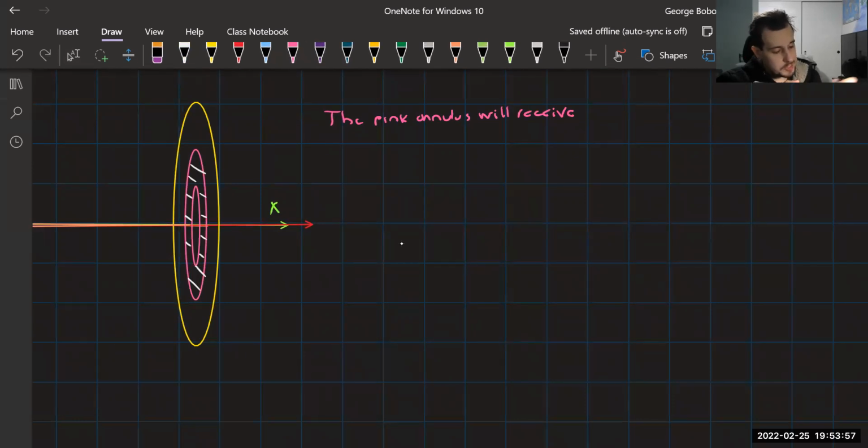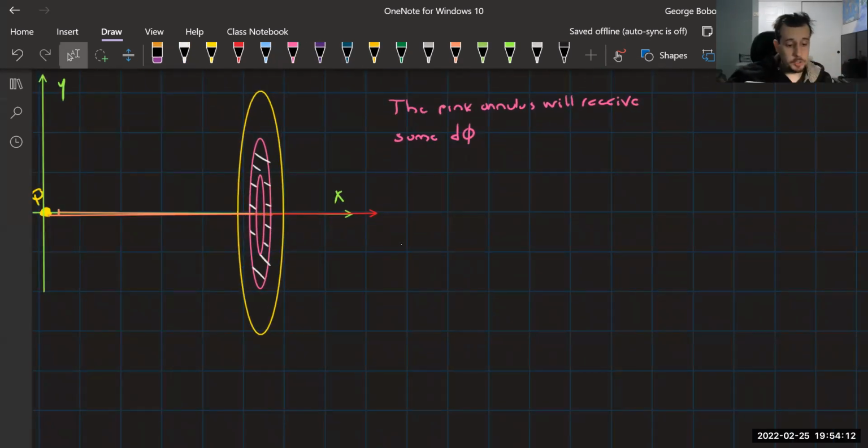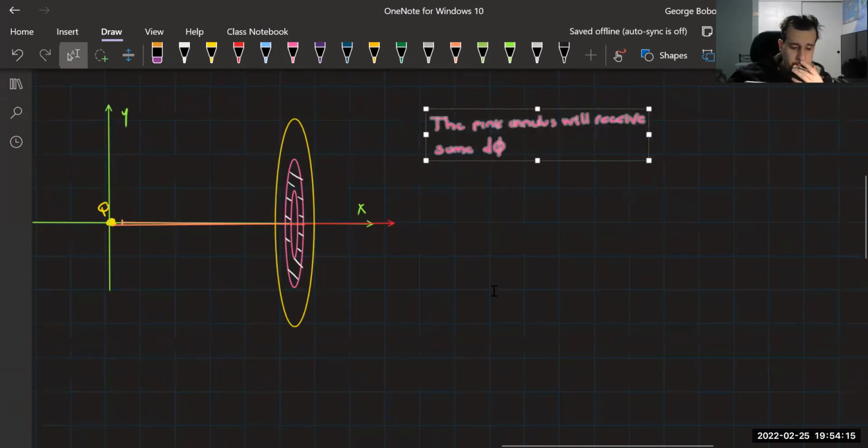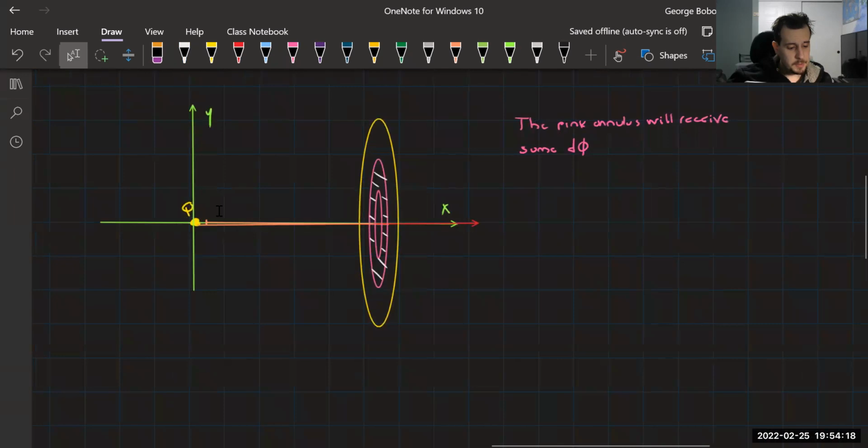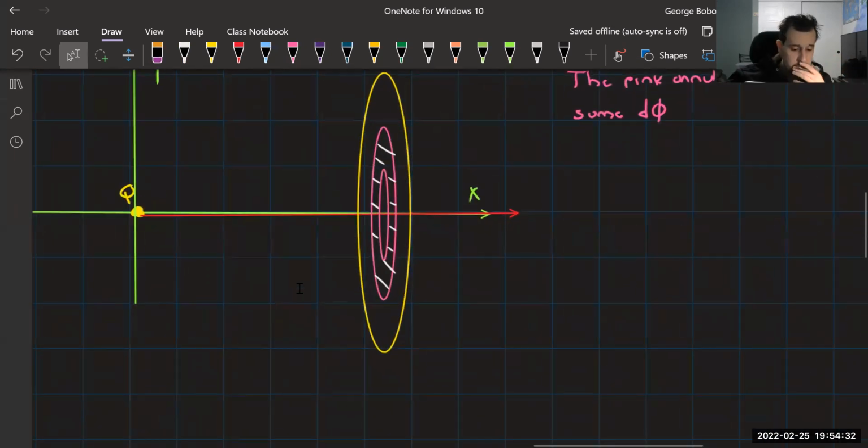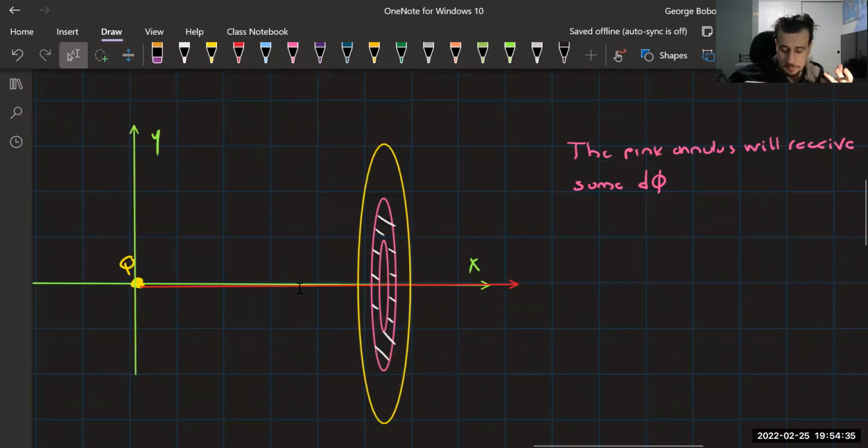The pink annulus will receive some d phi, and then we're gonna have to smear it out to find the entire flux through the ring. Okay, we understand the goal here. So you're like, okay, what do I do next now that I know this stuff? Well, we gotta keep setting this up. What is dA here? We gotta find dA for this ring. That's what's going on. And I can start thinking about this for a second. So this ring, the whole disk has some radius.